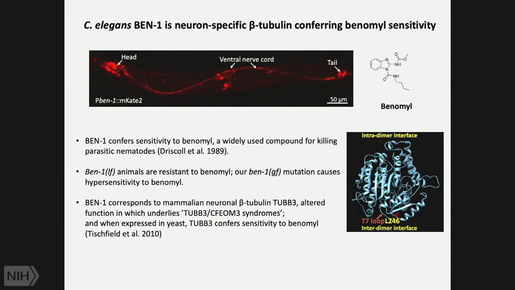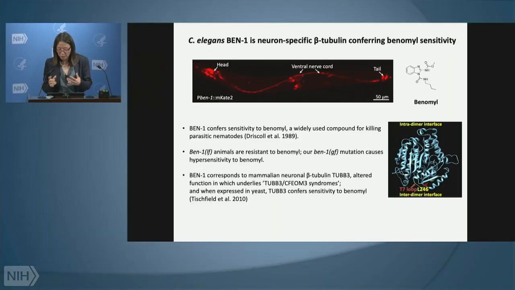Our mutation is in the beta tubulin. We modeled it: tubulins are GTPases, particularly beta tubulins, and they fold extensively, and there's a loop called the T7 loop. It's in the alpha-beta tubulin dimer interface. Our mutation affecting this leucine residue in the T7 loop behaves as a gain of function because it's hypersensitive to benomyl.